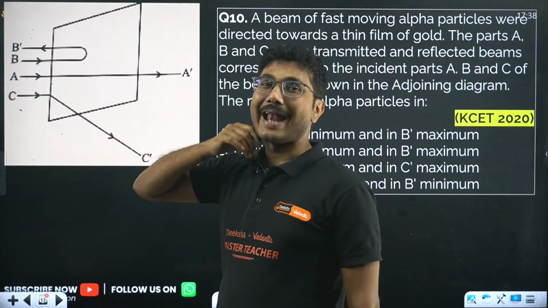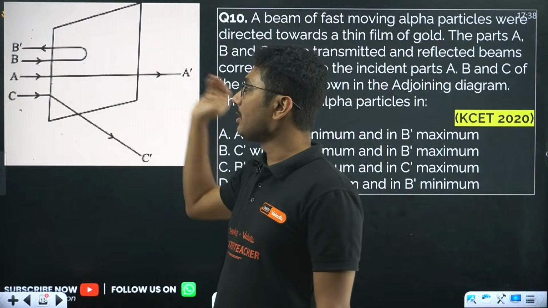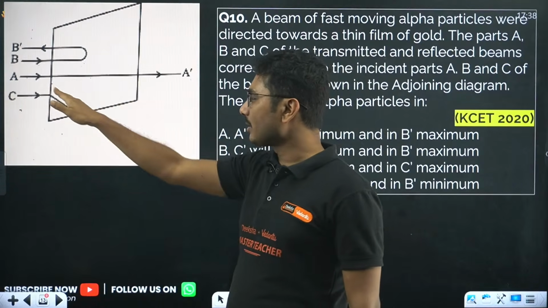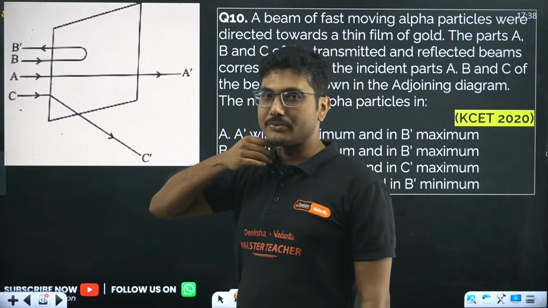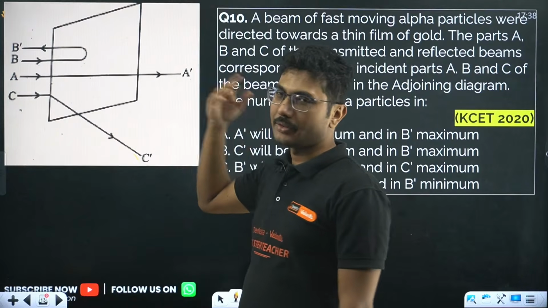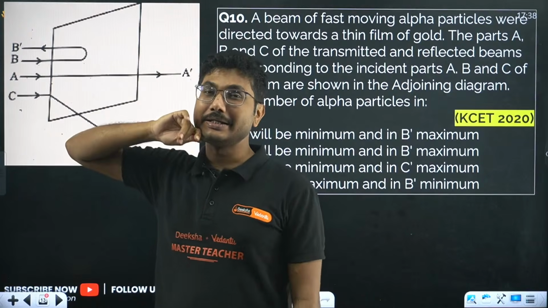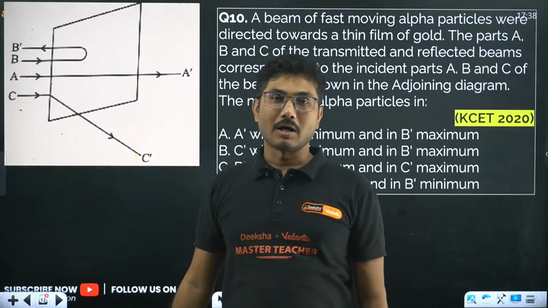We know that 99% of the particles actually travel straight, and around 1% scatter by an angle. About 1 in 8,000 or 1 in 12,000 move by more than 90 degrees, and 1 in 12,000 directly comes back.